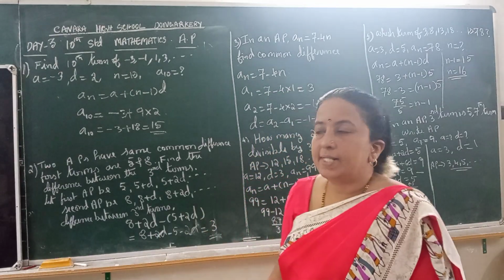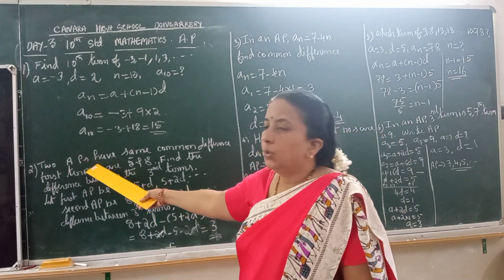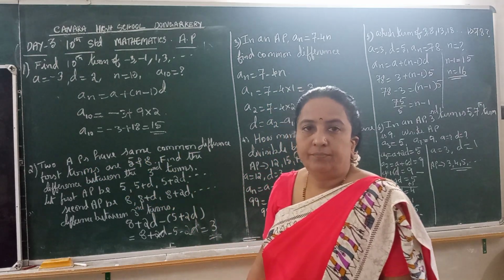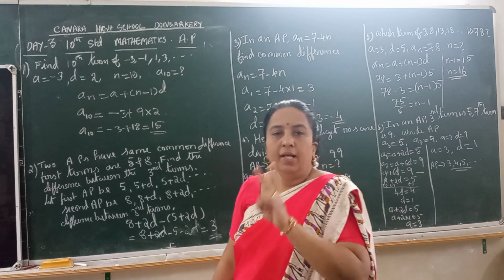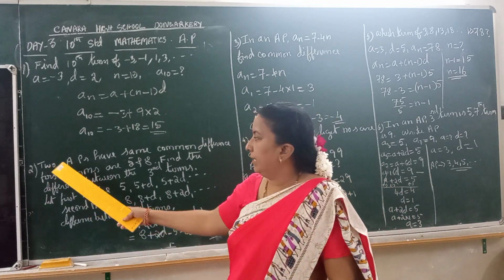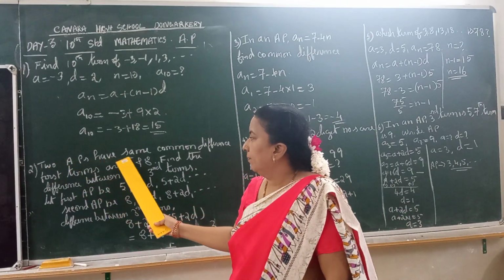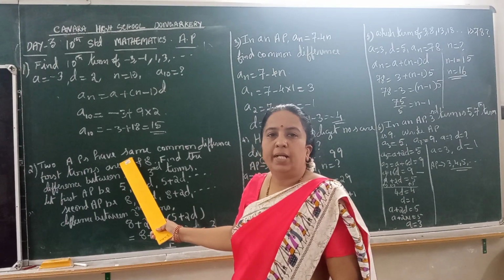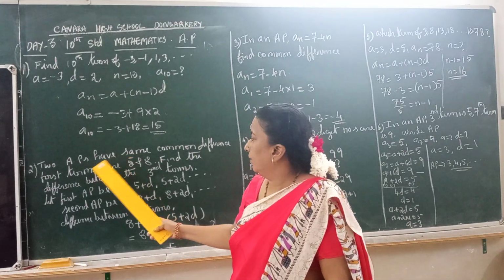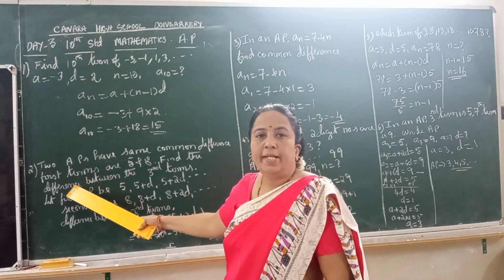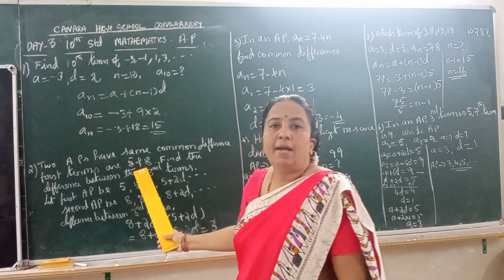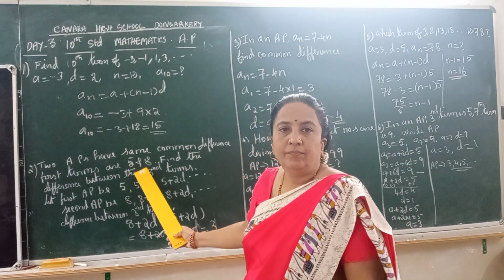Let us copy the next sum. Two APs have the same common difference. Their first terms are 5 and 8.